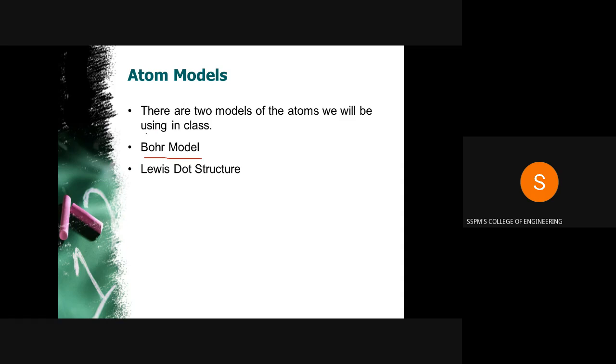Niels Bohr is the scientist who gave the model or idea about the basic structure of the atom. In the Niels Bohr model, at the center there is a nucleus containing positively charged protons and neutrons, which have no charge, and around that there are electrons. This concept was given by Niels Bohr.